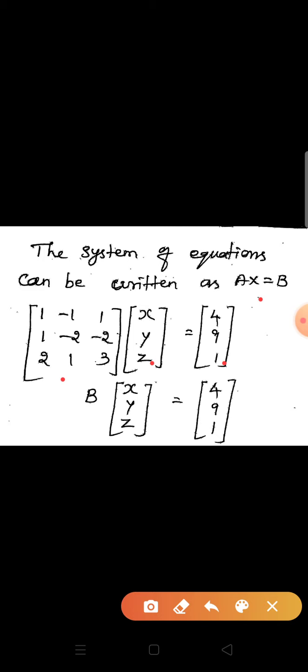But in the given sum, B is the matrix 1, minus 1, 1; 1, minus 2, minus 2; 2, 1, 3. So B into XYZ is equal to 4, 9, 1. Then we are going to find the unknown column matrix XYZ.